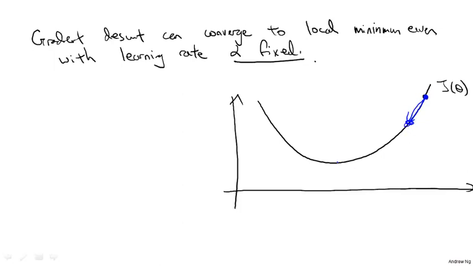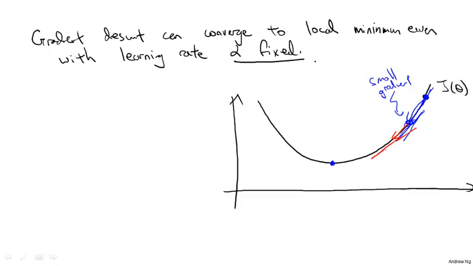Now here's my minimum. You notice I'm a little bit closer to the minimum, and so the gradient or the slope of the function at this point is actually a little bit smaller. So this point has a smaller gradient, slope, or derivative than where I started. And so the next iteration of gradient descent will end up taking a slightly smaller step, to here.